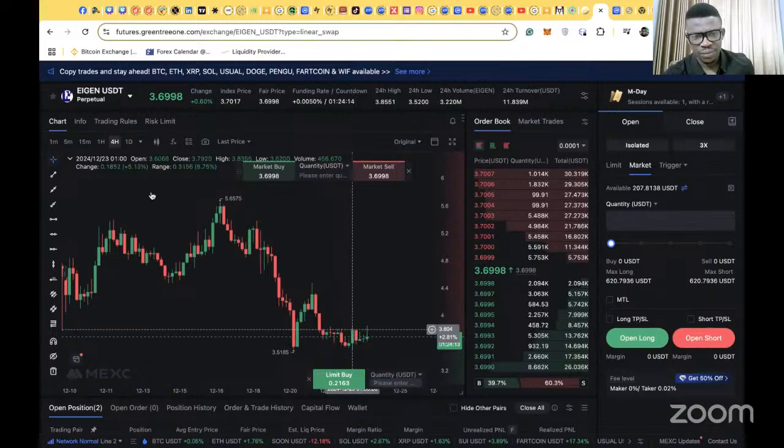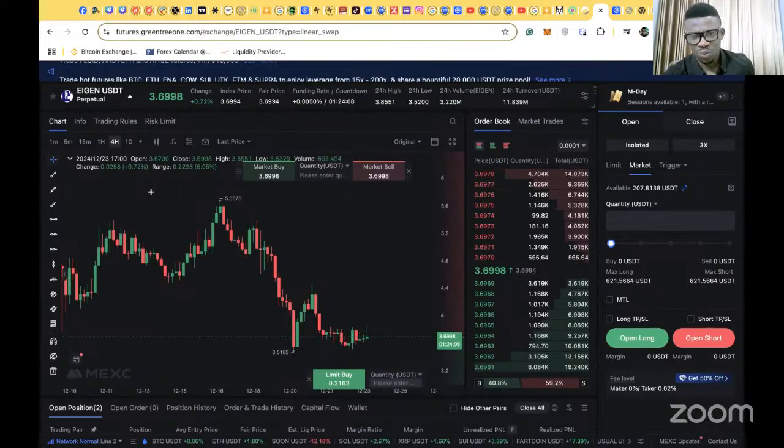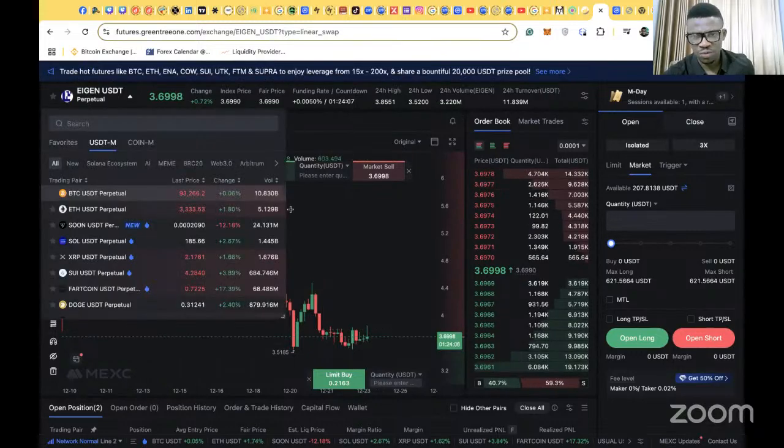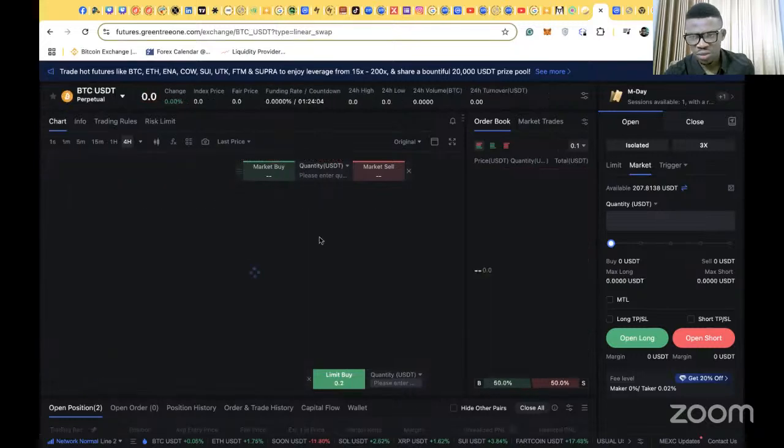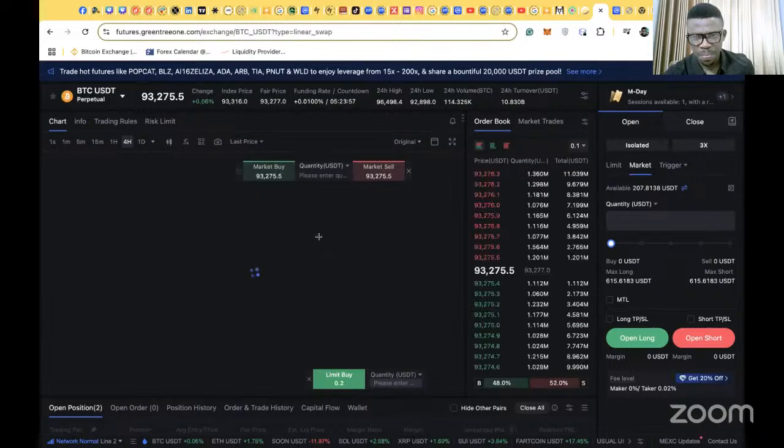I think maybe BTC would have that thing we're looking for, but we can't trade BTC on its own now because of the volatility, the cost of it, the price, etc. So I think we'll just look at the charts. This one is not even good at all. The chart is not looking good at all.